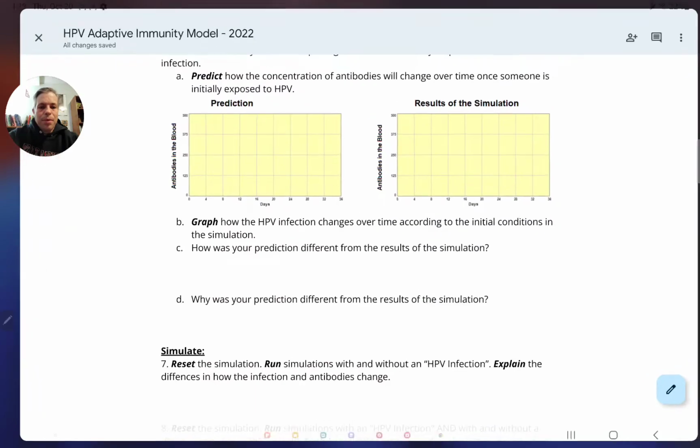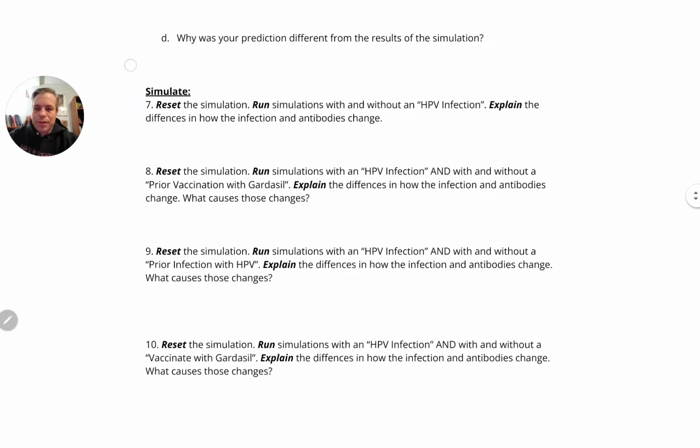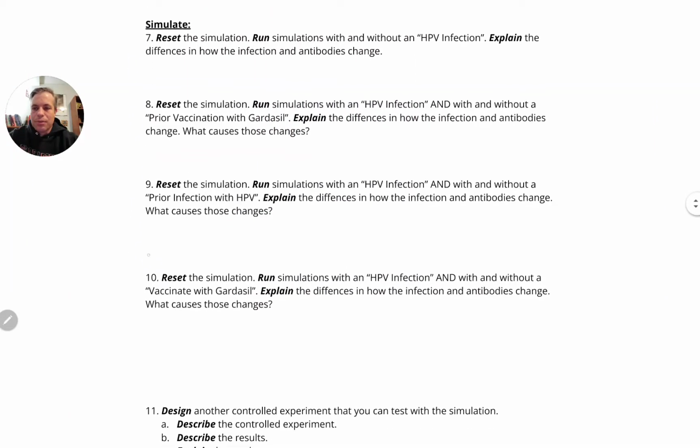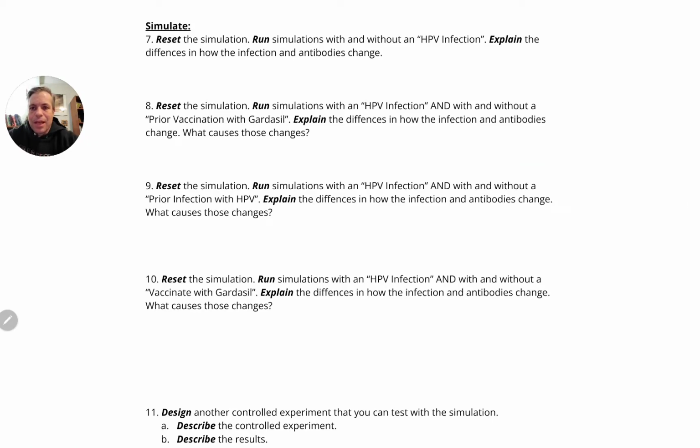After I have situated students to how the simulation behaves, I'll have them reset the simulation and do a series of controlled experiments. Run the simulation with and without an HPV infection, and then reset the simulation.